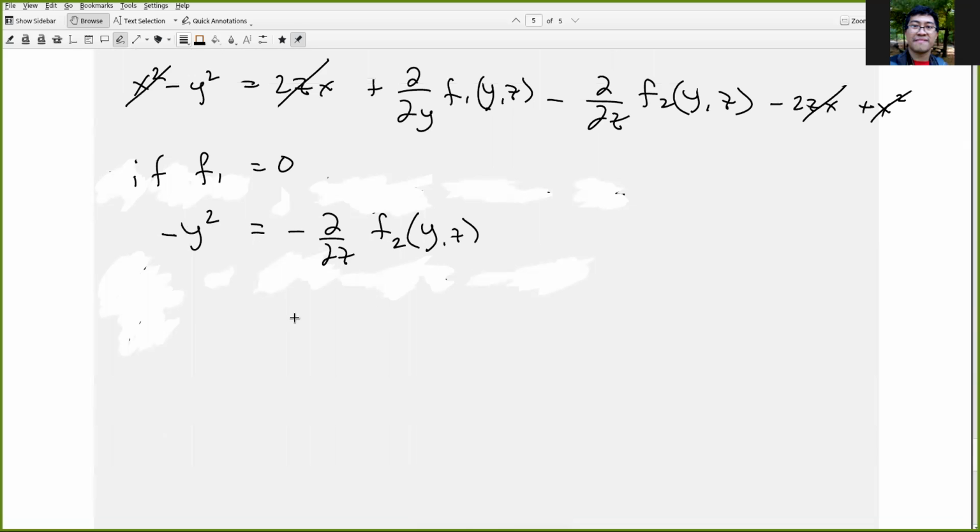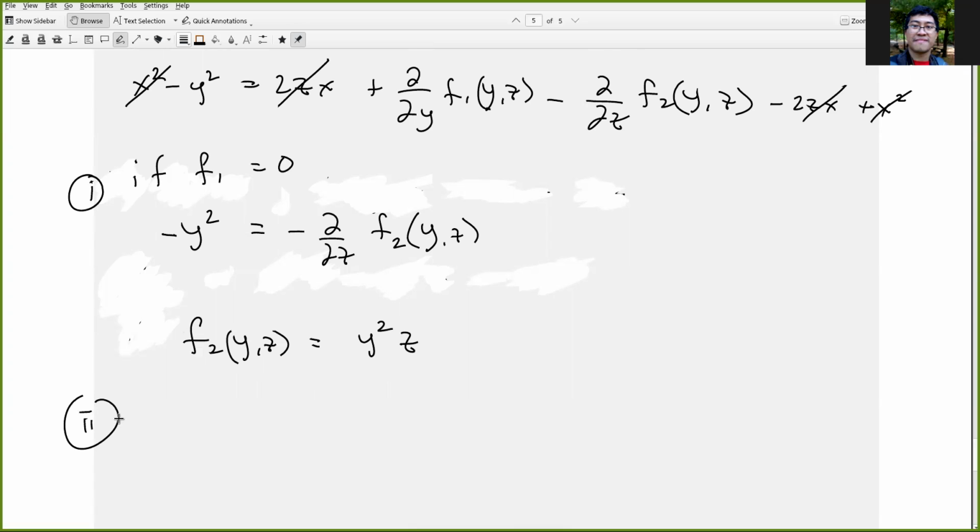Okay, so y squared, or f2, is simply, take the integral with respect to z, so that's y squared z. That's it. Okay, to check, take the partial derivative with respect to z, you get y squared. So this is first possibility, or one possibility.